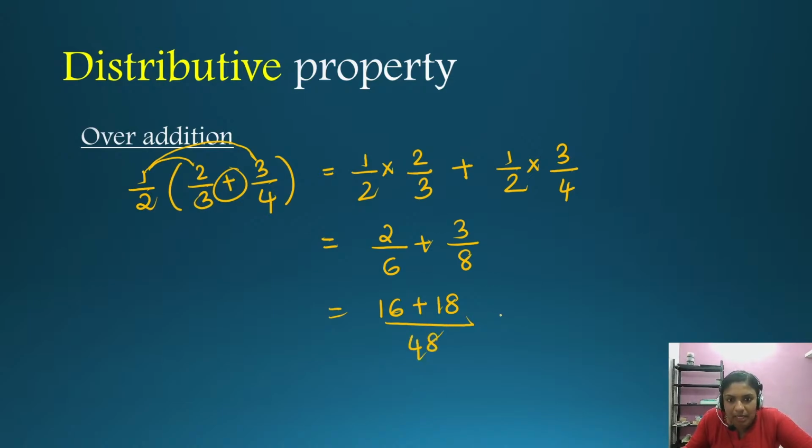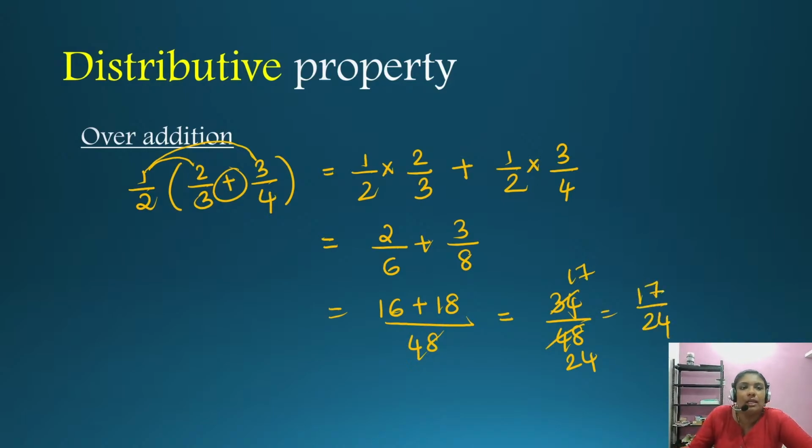So what will be the answer here? 34 by 48. If you want, you can cancel also. Okay, let's cancel. 2 17s are 34, 2 2s are 24. So the answer is 17 by 24. Okay, so this is how you distribute rational numbers over addition.